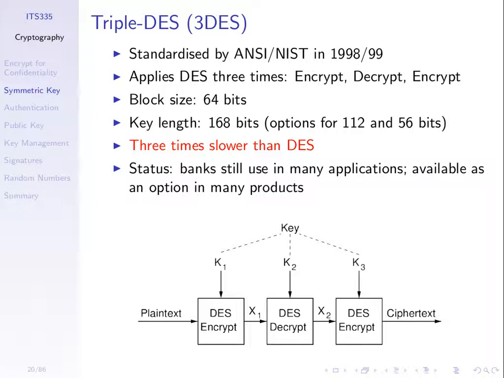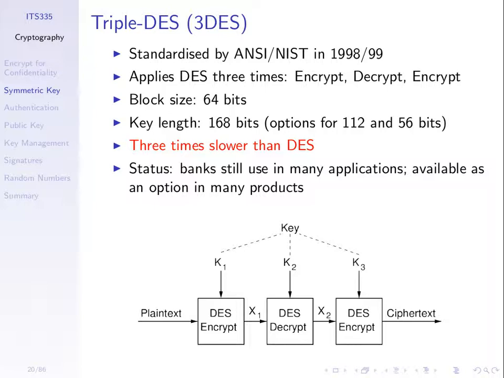That is, we take our plaintext, apply DES using key 1 of 64 bits, effective length 56, take the output, encrypt, although it says decrypt here, which it did in practice, it could also be encrypt, with a different key. Another 64-bit key, and then again with another 64-bit key.